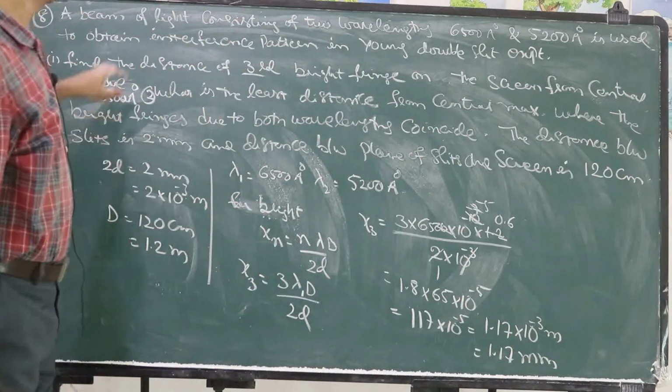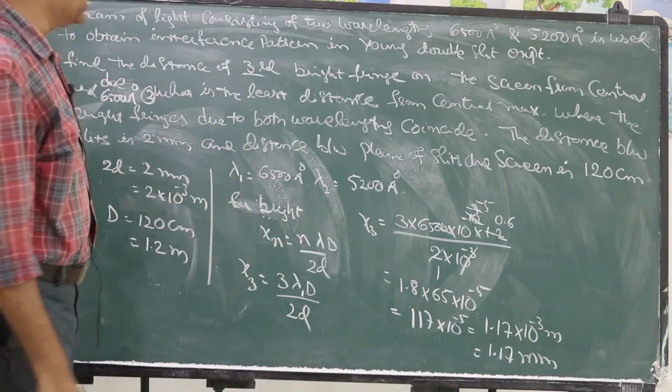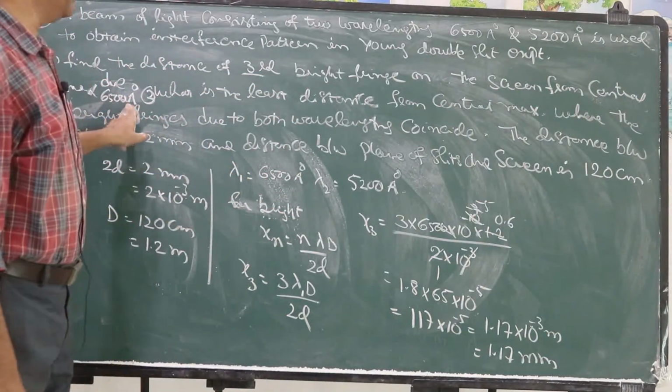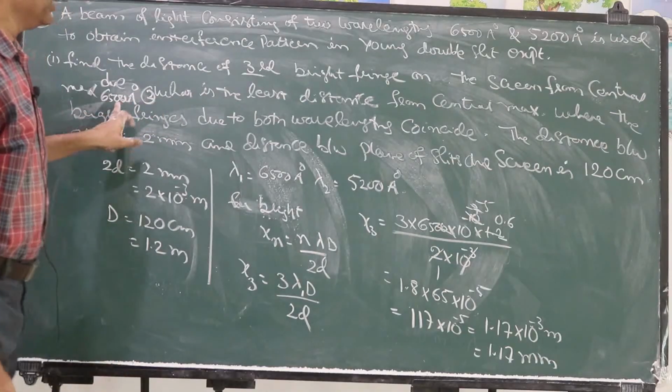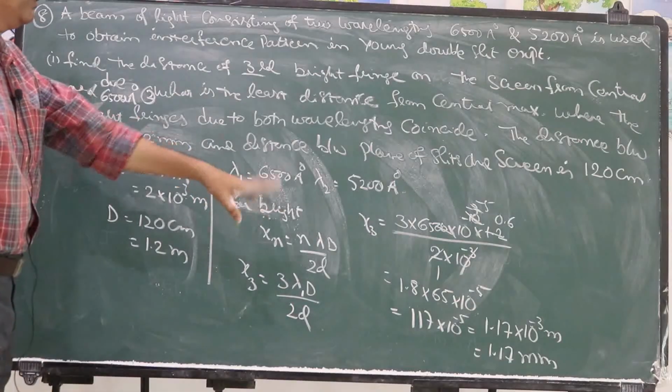So we can get a third bright fringe at a distance of 1.17 millimeter from the central maximum if the wavelength of the light is 6500 Armstrong. So this is the answer for the first one.